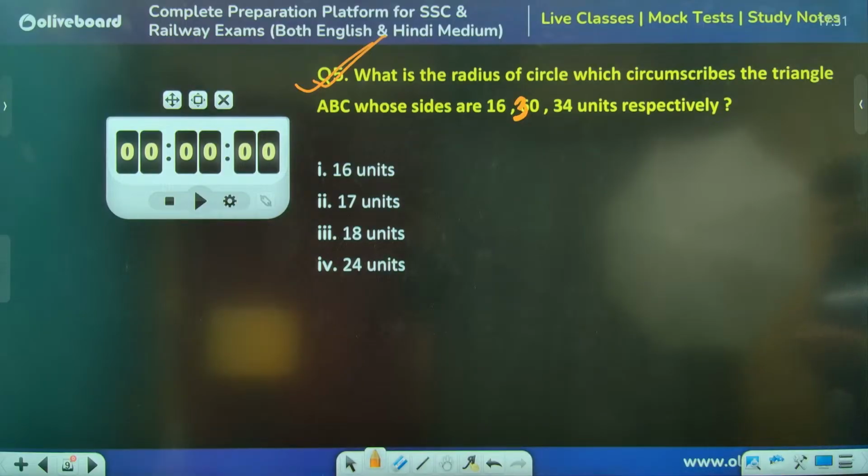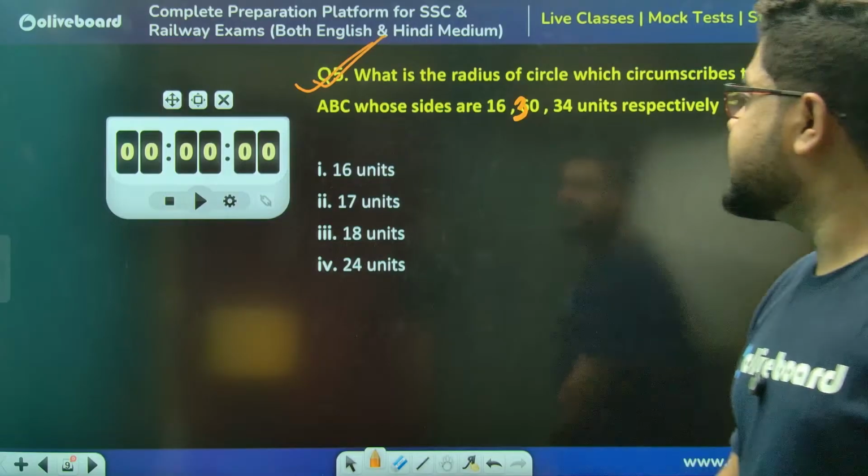This is 30, not 60. Anyone? Any answers?